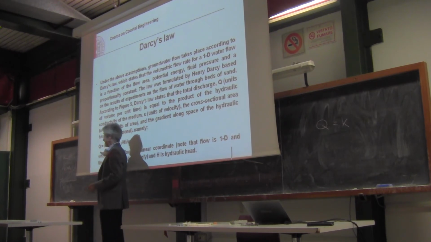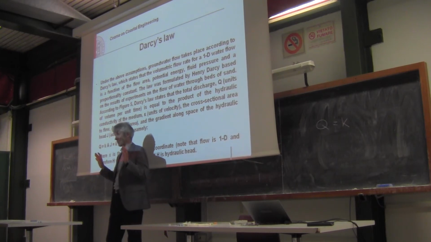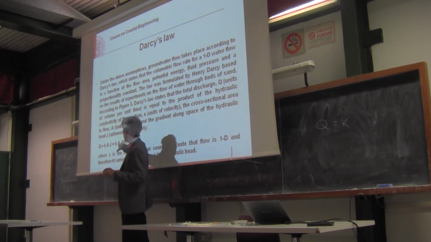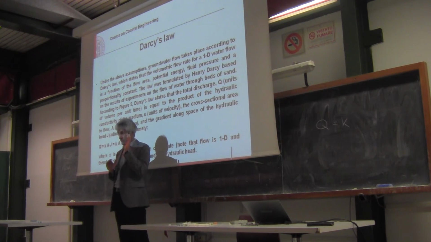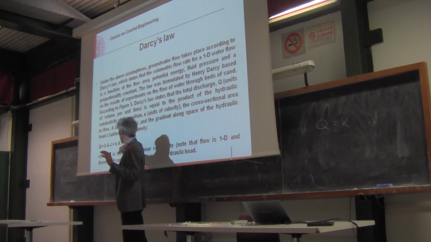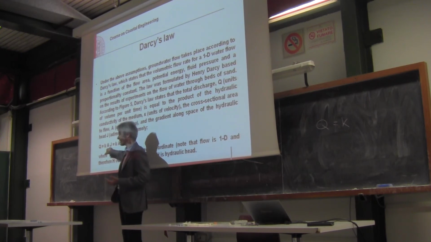And then the gradient of the hydraulic head. So gradient of energy. And if we indicate energy with the symbol H, and we already said that this energy is measured as a length, because it's energy per unit weight, then the derivative of energy with respect to space, to travel, gives the gradient of the energy in space.